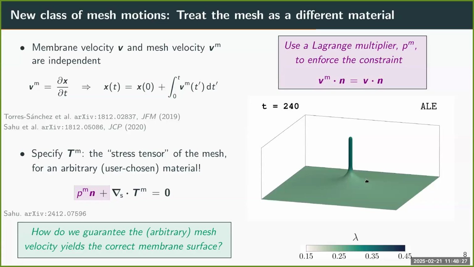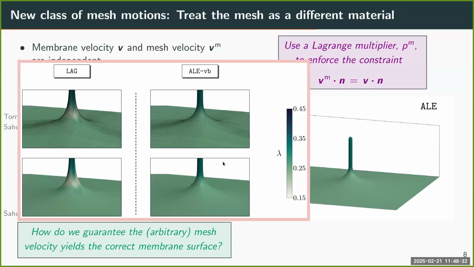And also, we can compare this to the Lagrangian simulations that we saw previously. So in this schematic, we have the Lagrangian simulations on the left, and the so-called ALE, or arbitrary Lagrangian Eulerian, simulations on the right. And remember, this is the exact same physical process.